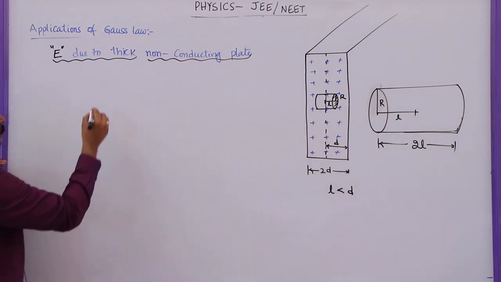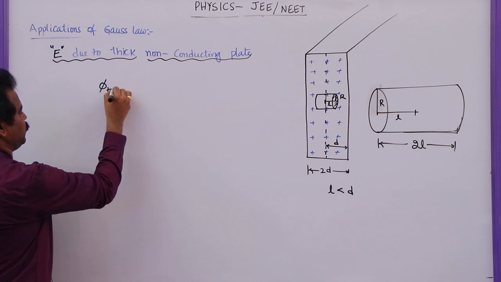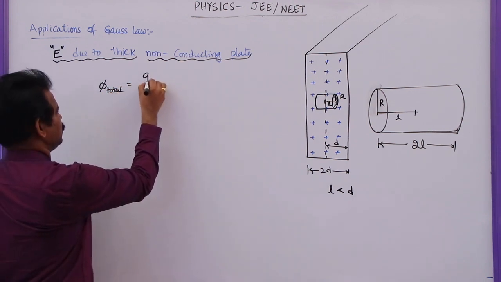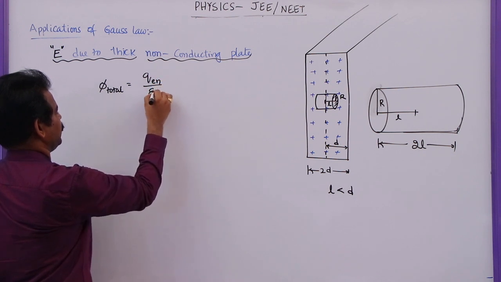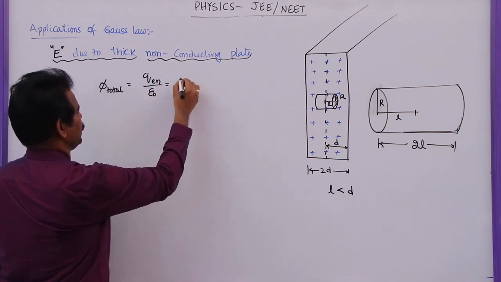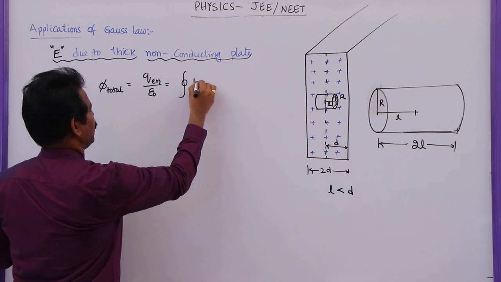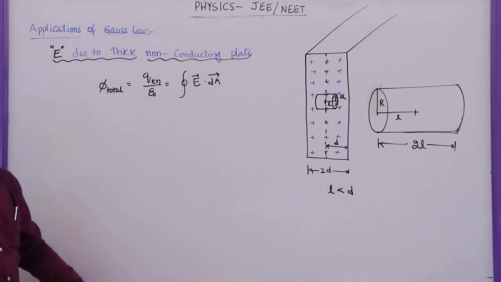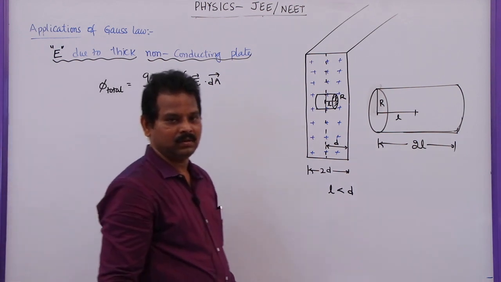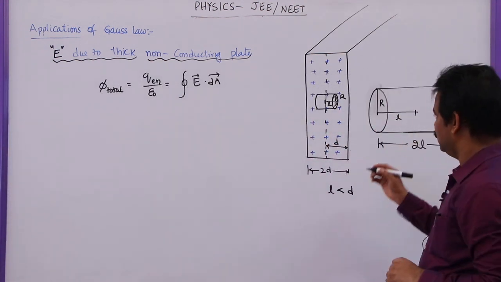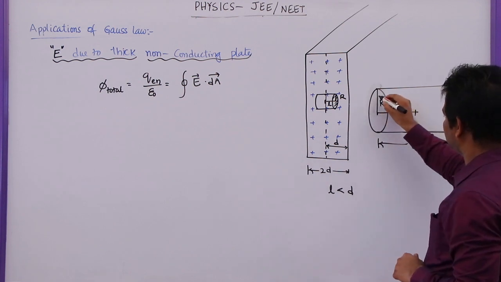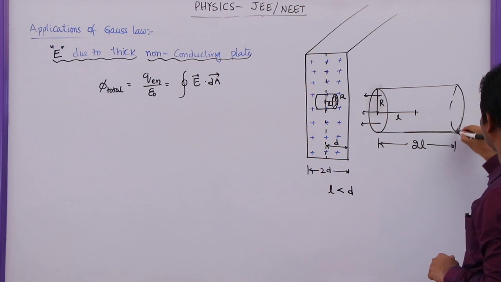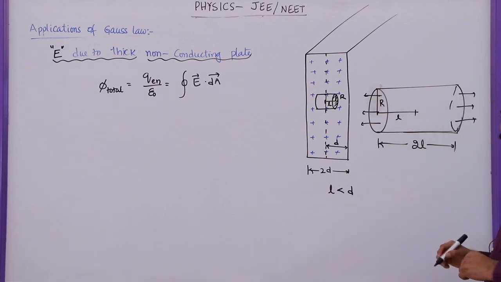So same formula: the total flux passing through this closed cylindrical portion is equal to the charge enclosed by epsilon naught, which is given by the closed integral of E bar dot dA bar. Here this surface will have some flux, and similarly this surface will have an equal amount of flux.